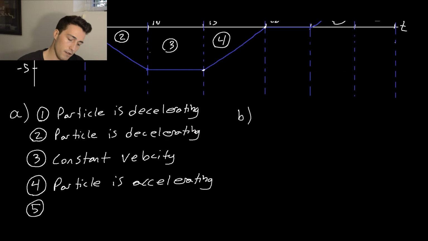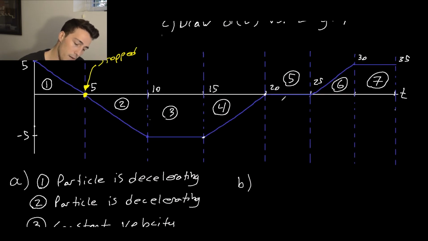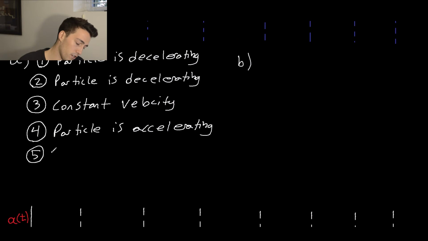Section 5. Okay, what happens at section 5? Well, this line, you can probably see it here. It's a horizontal velocity, so that means it's constant, but the velocity is actually on the time axis, so that means it's 0. So we could say particle is stopped.